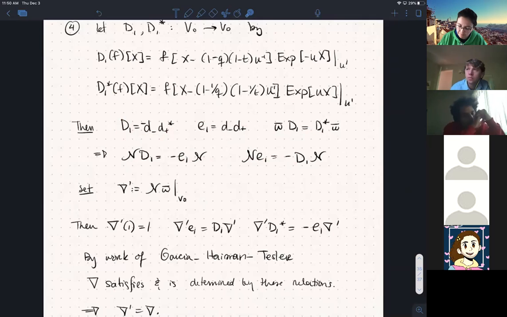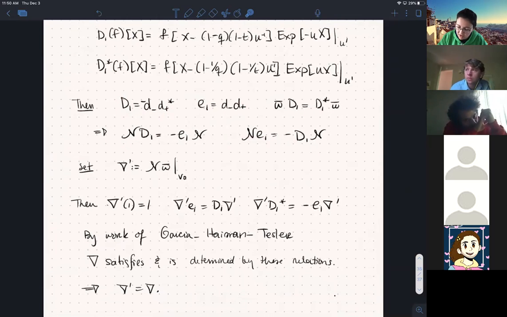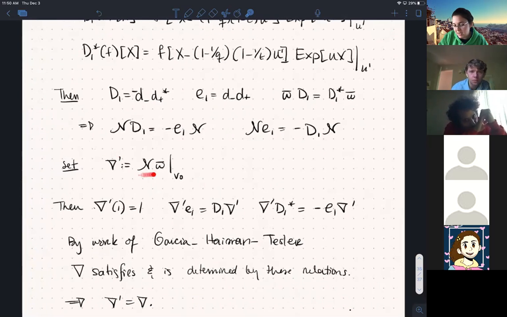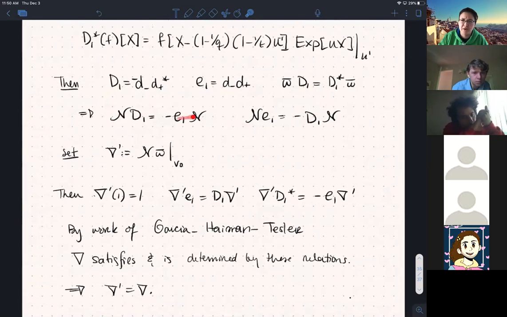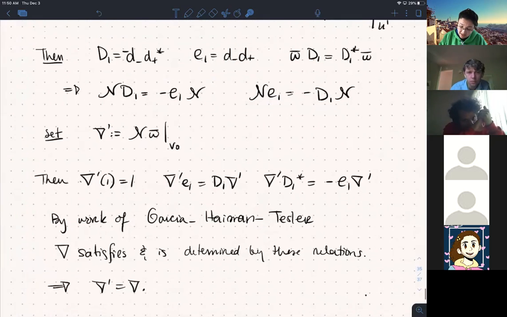It's a straightforward check. And then you say, all right, let me set nabla prime to be the restriction of N composed with omega on V0. Since omega is an involution, it can move to either side. And what we're going to prove with this is that this nabla prime satisfies the same defining relations as nabla does. Therefore, they have to be the same. And that's why I'm involving all these weird relations. And essentially, you just go through and check it.